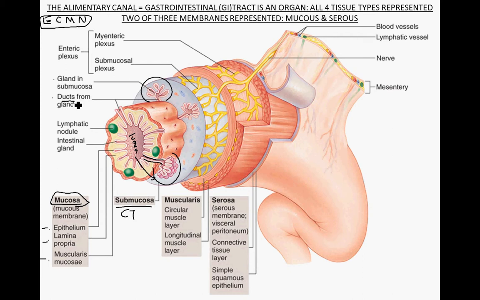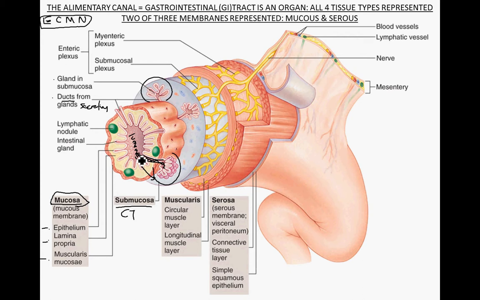These glands are going to be secreting, and you have different types of glands at different points along the alimentary canal secreting their secretions into the lumen. That's going to be lined with an epithelium, so the secretions would go this way and exit into the lumen. You may want to pause there and identify the submucosa.